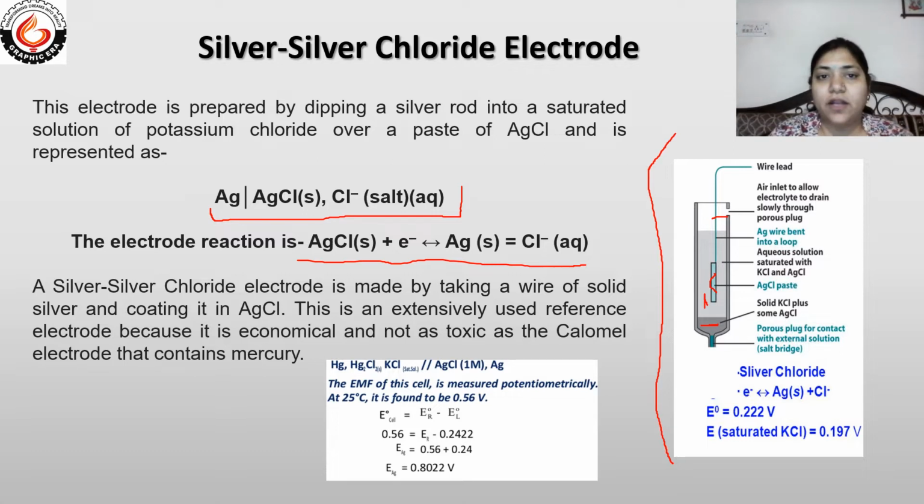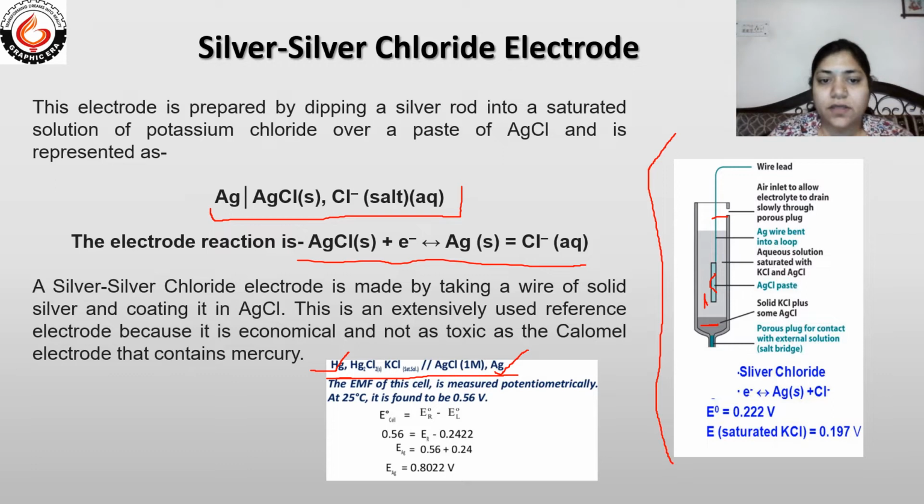The value of the standard electrode potential of this silver chloride electrode can be determined by coupling it with the standard calomel electrode. This is the complete cell assembly when it is attached to the calomel electrode. The first one is the calomel electrode, the second one is the silver electrode, and the complete one is an assembly.